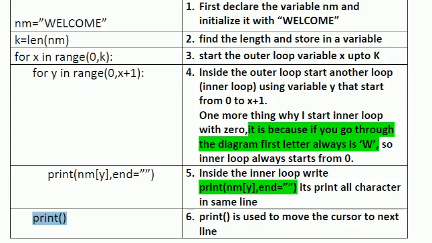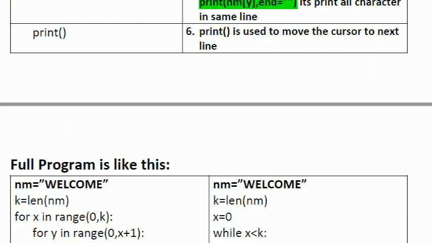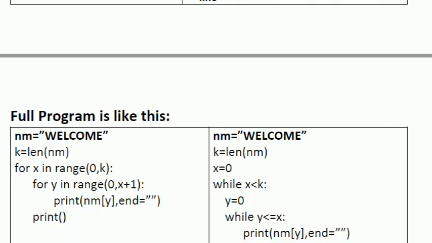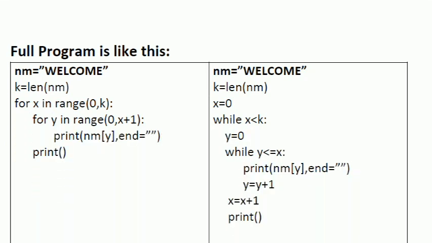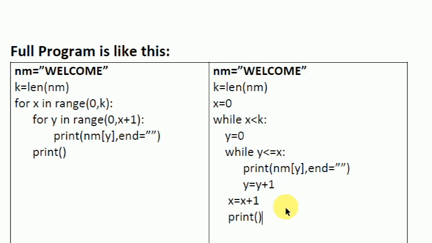Now if you want to understand the concept, in this program you can see the full program has been written in both cases, in a for loop and also in a while loop. So it is your choice whether you want to go for a while loop or a for loop.